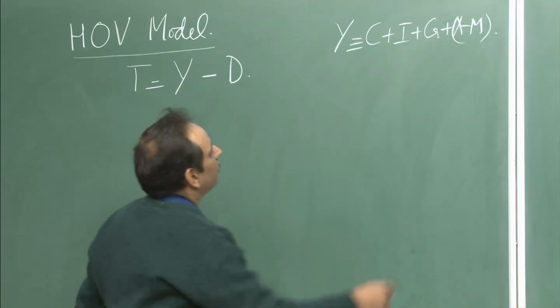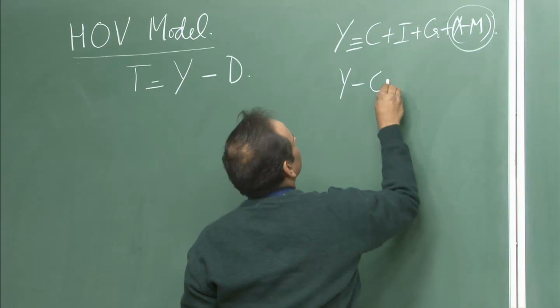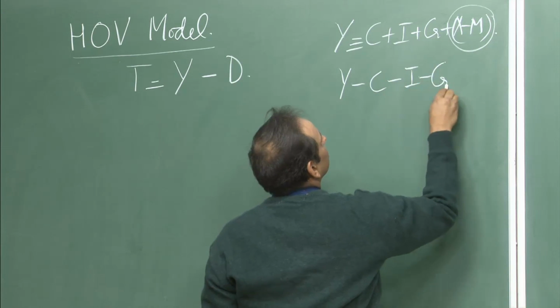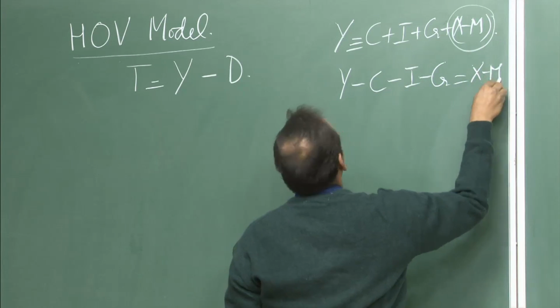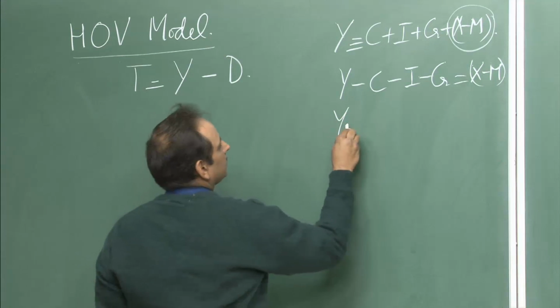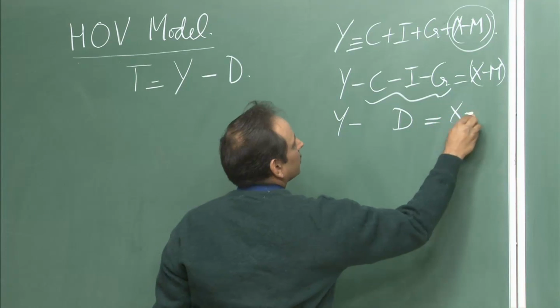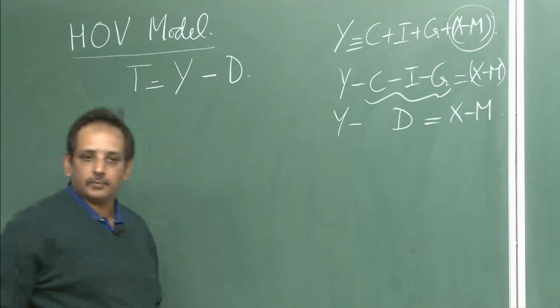So, net exports is Y minus C minus I minus G, which is equal to X minus M. Now, I would call this Y, and this the demand in the economy, which is equal to X minus M.